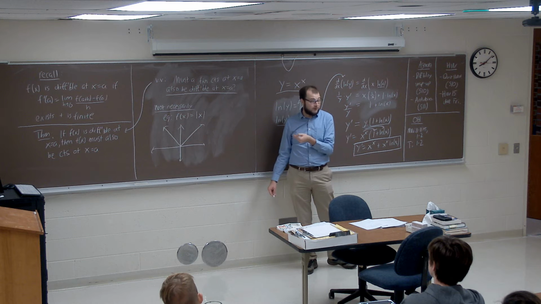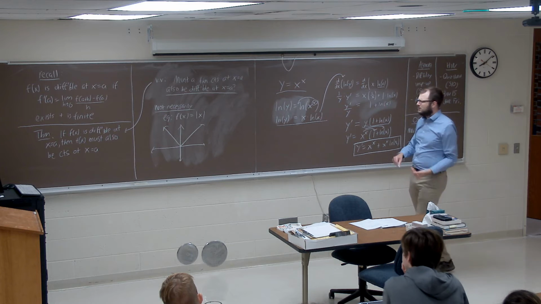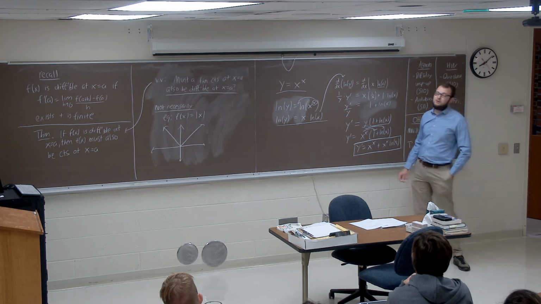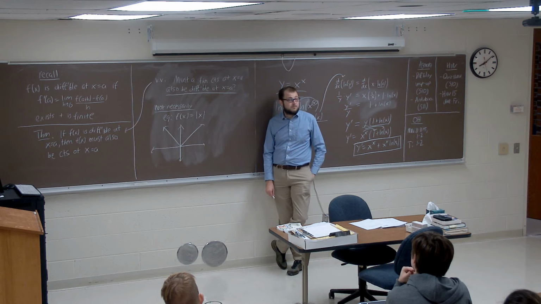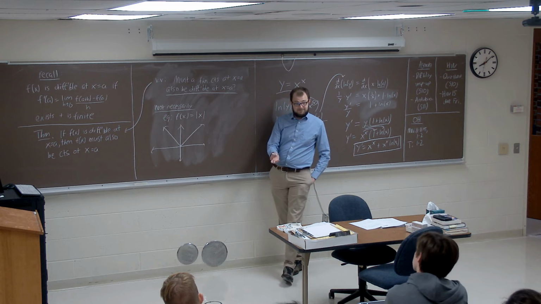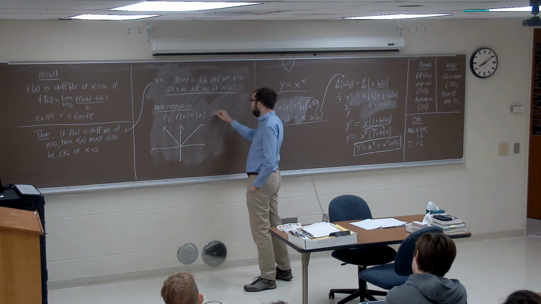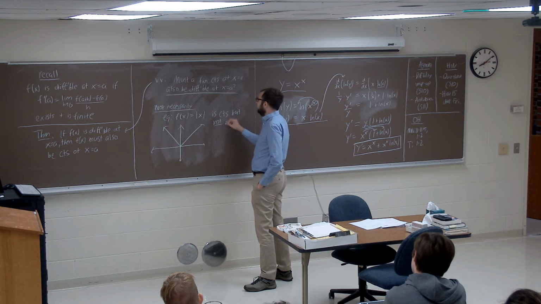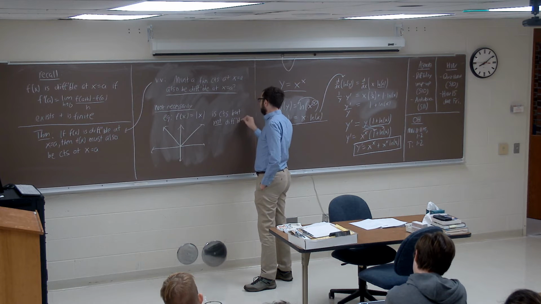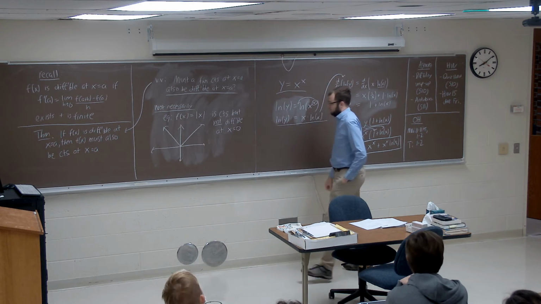Well, it's continuous everywhere, but there is a point on this graph where it's not differentiable. So at what value of x does this function fail to be differentiable? Okay. x equals 0. Yeah, at x equals 0. You could say f of x equals absolute value of x is continuous, but not differentiable at x equals 0.